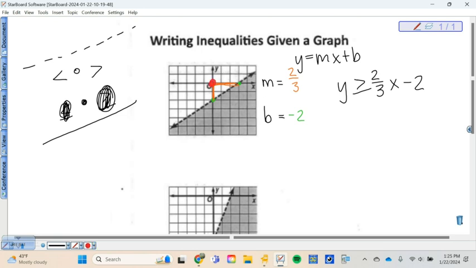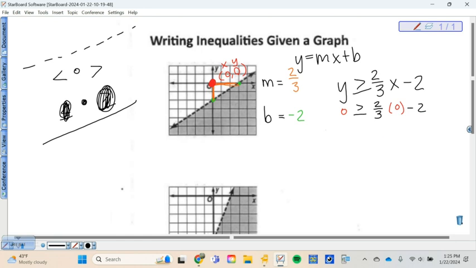We're going to pick a point and test that point. Most of the time you can use 0, 0 because that's the easiest one to use. So I'm going to plug in 0 for x and 0 for y, and test this point to see if it makes my inequality true or false.